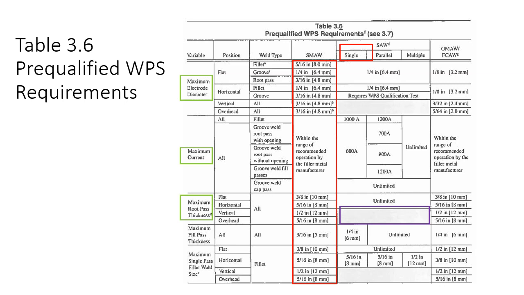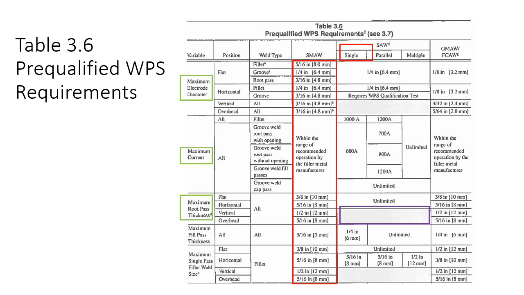But you can't use that in the overhead. The largest piece of filler material for shielded metal arc welding you can use in the overhead position for both fillets and grooves is 3/16. So you need to address everything for your welding process. If you go down under shielded or submerged arc welding, I have a little purple box under there, maximum root pass thickness.